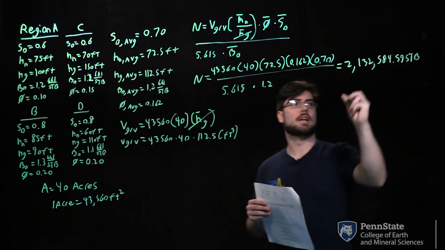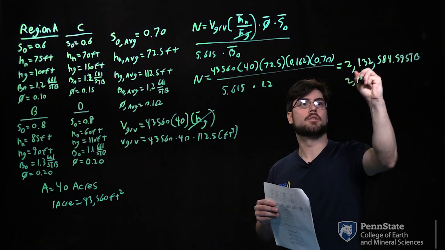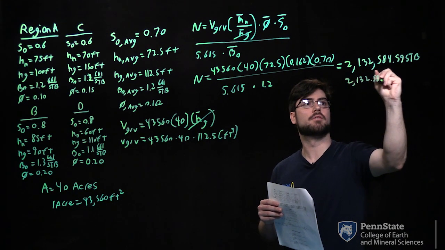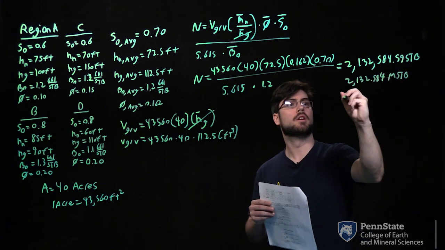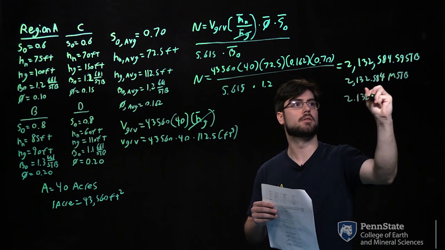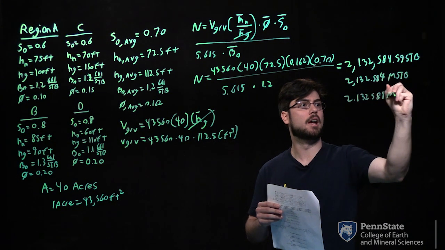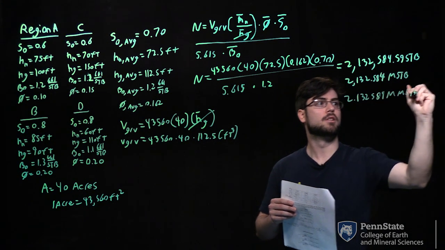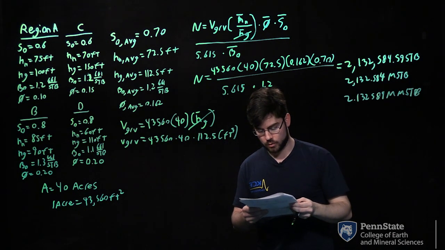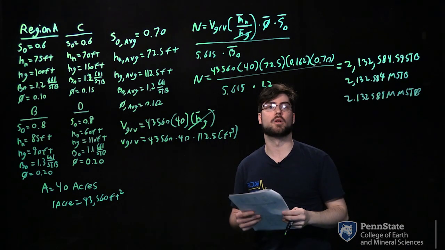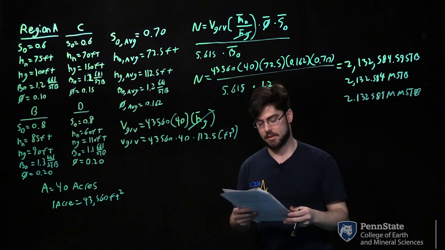This can also be written as 2,132.584 MSTB or 2.132584 MMSTB. So our MM is million, M is 1,000. And so this is basically what our original oil in place would be if we used the volumetric method.